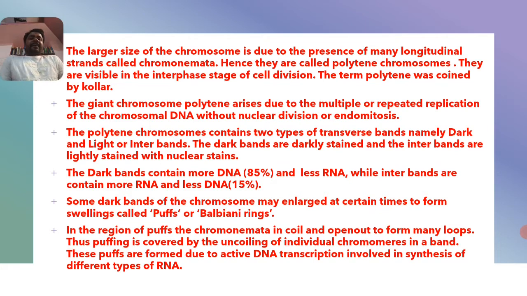Thus, puffing is caused by the uncoiling of individual chromomeres in a band. These puffs are formed due to active DNA transcription. Why are these balloon-like structures formed? Because DNA transcription takes place here.